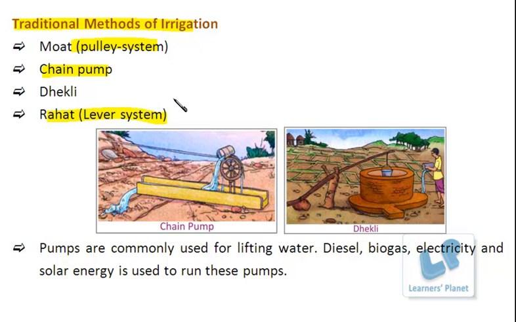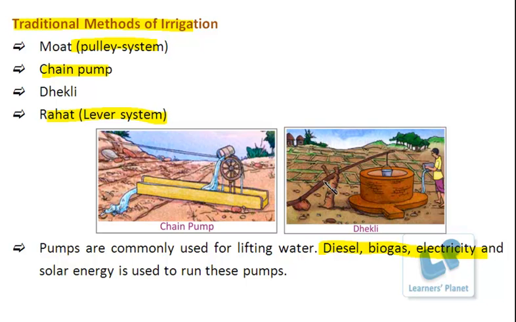Now such methods, of course, they require more physical labor, right? More physical input is there. So that is of course a drawback of this thing. And secondly, the uniformity is also not maintained. You can see in this chain pump, the reservoir is there, and this pulley is there which is connected with the chain, and it is run through the pump or the motors which are running on the diesel or some other type of fuels.